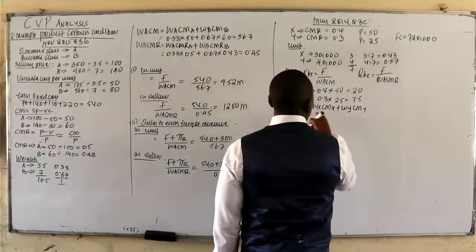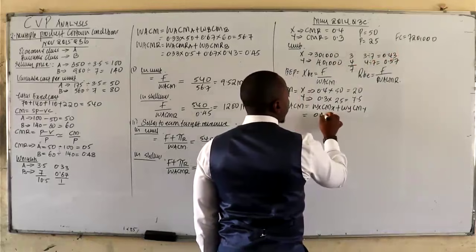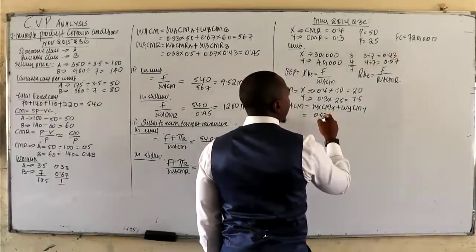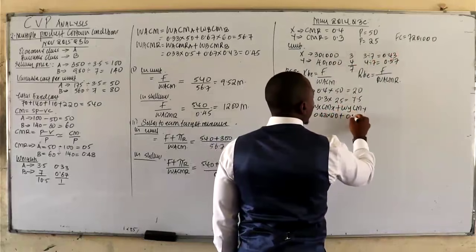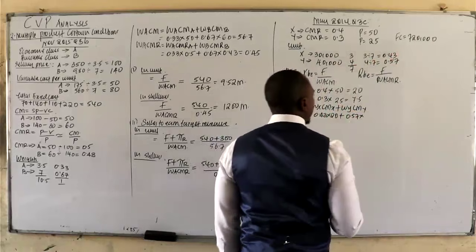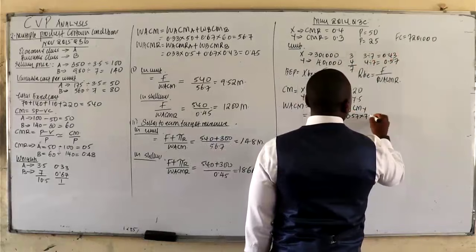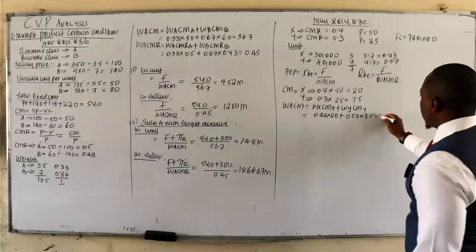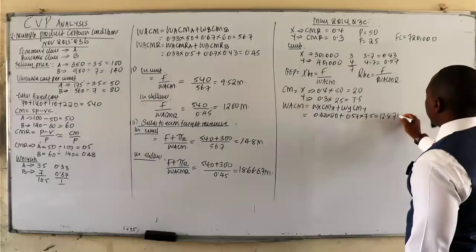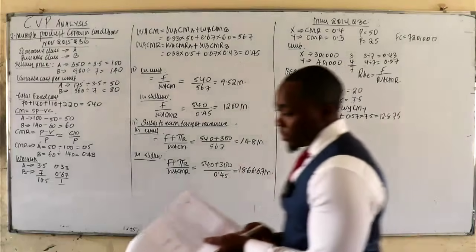So therefore, weight of X is 0.43, contribution margin of X is 20, weight of Y will be 0.57, contribution margin of Y will be 7.5. What do you get? 12.875. Now, can you compute the break-even units?